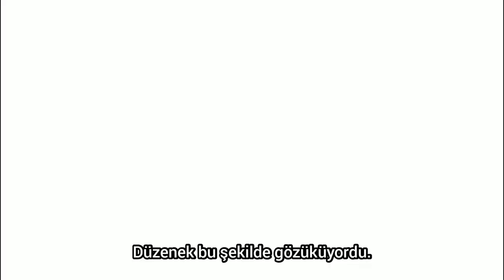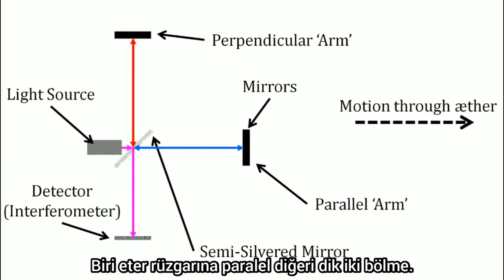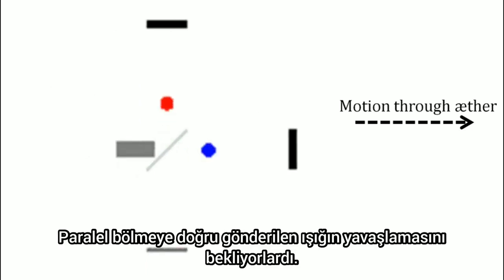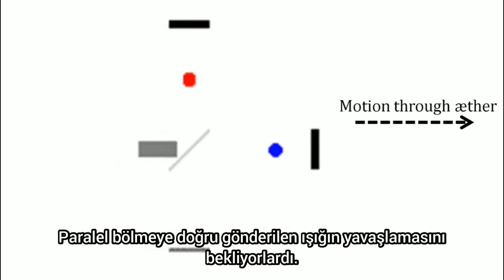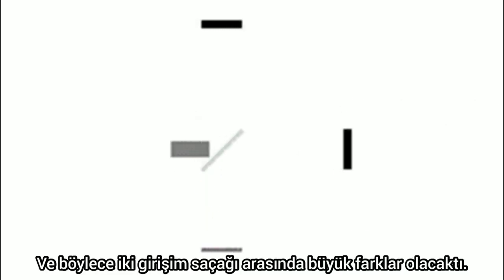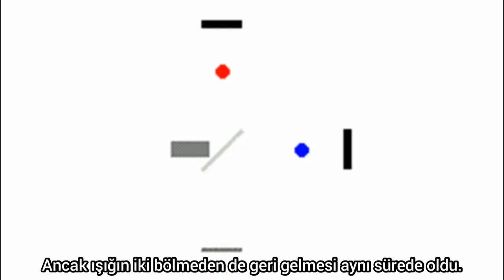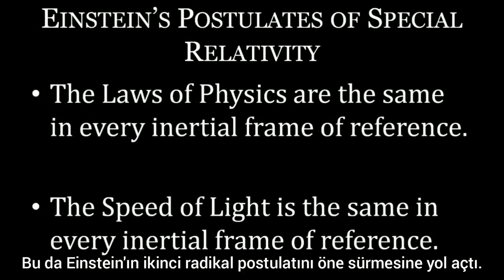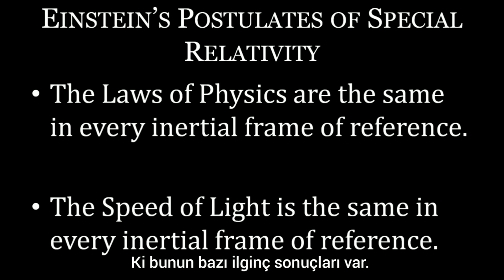Their apparatus looked like this, with two arms, one parallel to the ether wind and the other perpendicular to it. They expected the light sent along the parallel arm to be delayed by the ether wind, causing destructive interference between the two beams. However, the light always took the same time to travel down both arms. There was no ether wind, which led Einstein to introduce his radical second postulate, which has some interesting consequences.